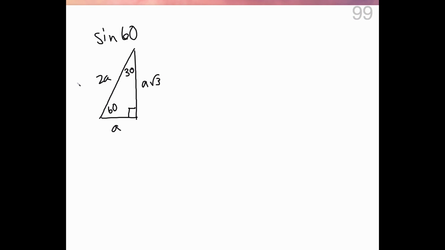Sine is what? Sine is opposite over hypotenuse. Which side is opposite the 60-degree angle? A square root of 3. What's the hypotenuse? 2a. Look, the a's cancel: square root of 3 over 2. Christelle, just for giggles, could you punch the square root of 3 over 2 into your calculator and tell me what you get for an answer?